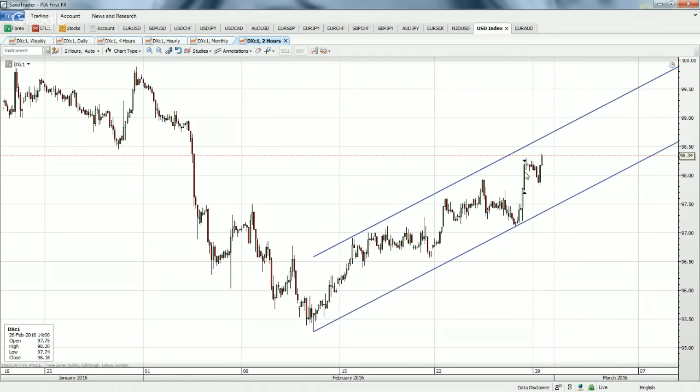We can reflect that bias now back onto the other FX majors. Anybody got any questions about the dollar index to start with, or what we've been talking about? So just to reiterate, long-term bias is bullish. We're looking for a move up towards that 102 area.